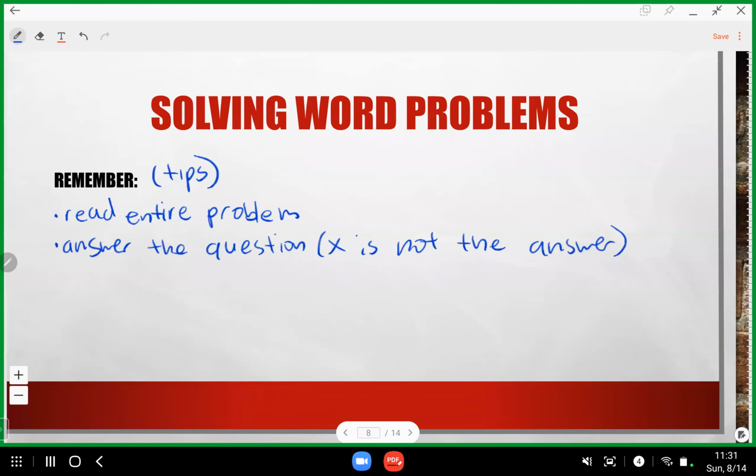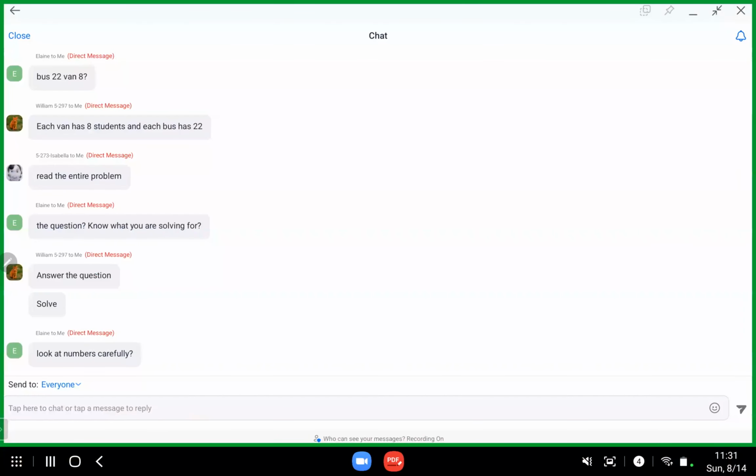Once you solve for a variable, you're not done with the question yet, right? You're not done with it. Once you solve the variable, sometimes you need to add 3 to it to get the actual answer. So just solving the equation is not the end of the problem. So look at the numbers carefully. Very good.